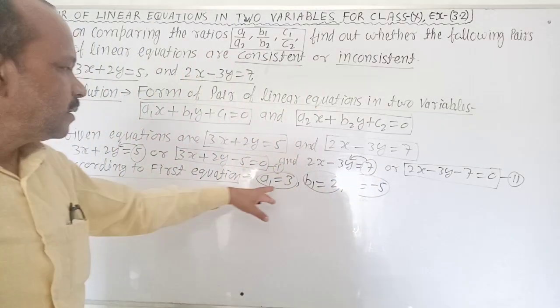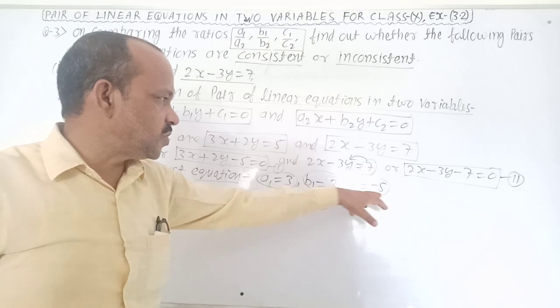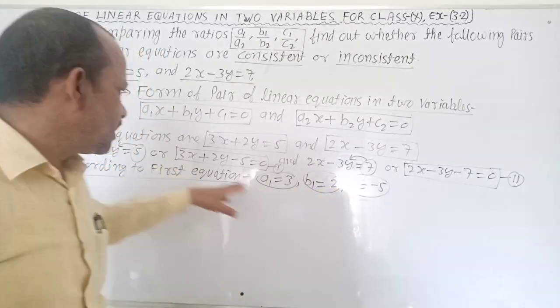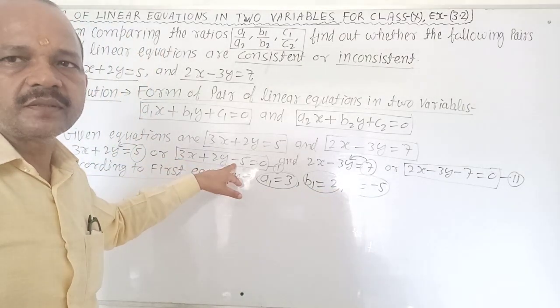You find a1 equal to 3, b1 equal to 2, c1 equal to minus 5 with the help of the first equation.